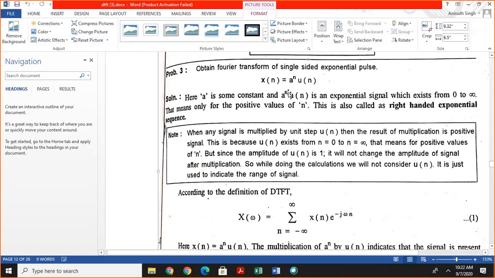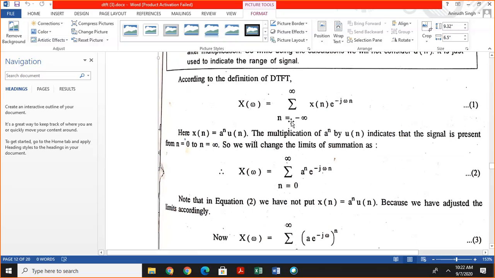Here a is some constant and u of n is the unit step function. Then according to the definition of DTFT, X of omega is given by the summation over n from minus infinity to plus infinity of x of n multiplied by exponential minus j omega n.